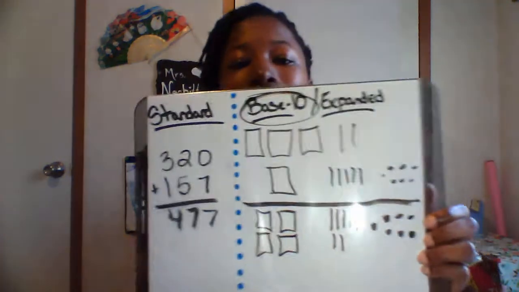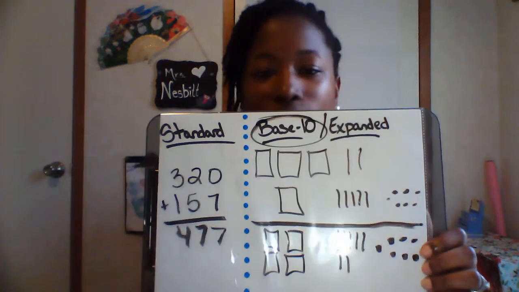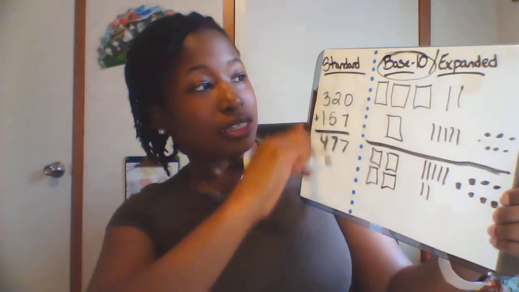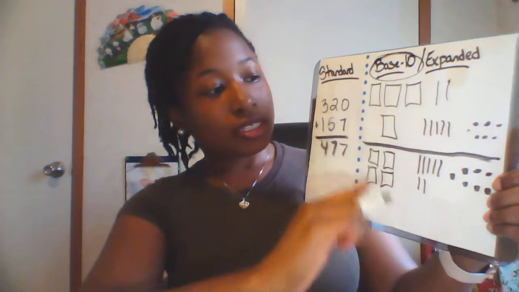And now my hundreds. 1, 2, 3, 4. And my answer is the same either way I do it. I can do it standard. I can do it in base 10 form.